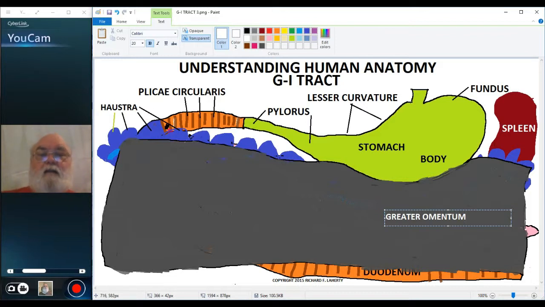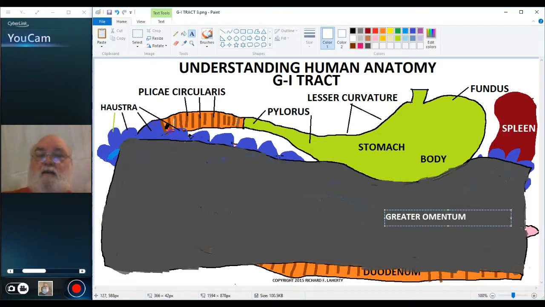And again, the bottom of this is cut off. It would actually extend below the level of the screen. Although when you look at any given cadaver, the greater omentum may be this nice sheet-like apron, or it may be short, it may be very ragged. Every one is different.